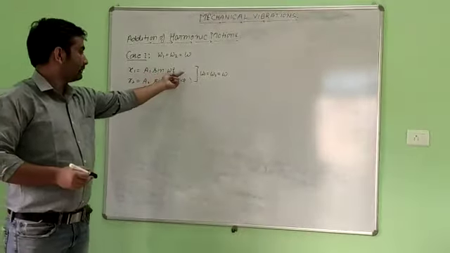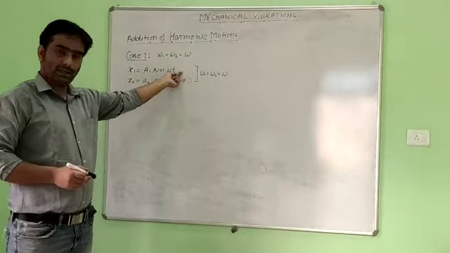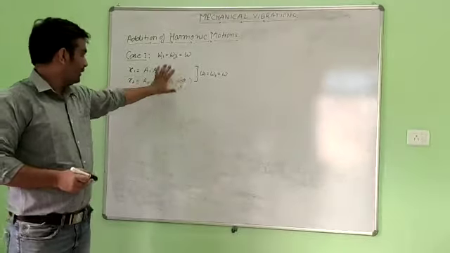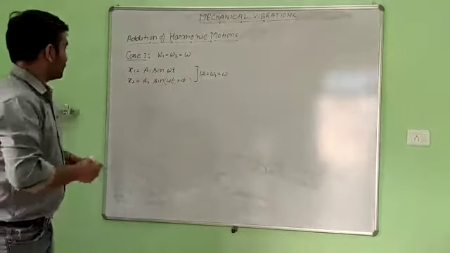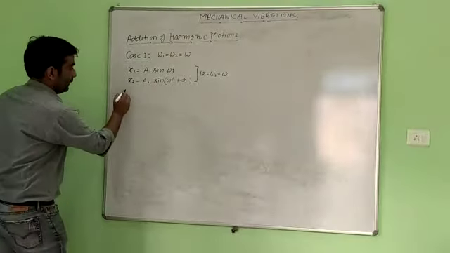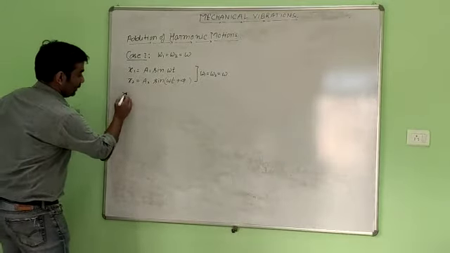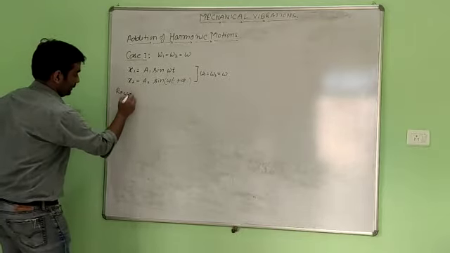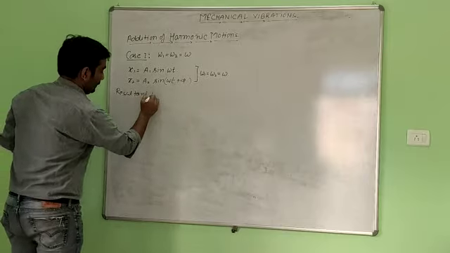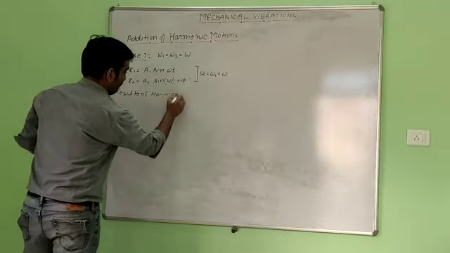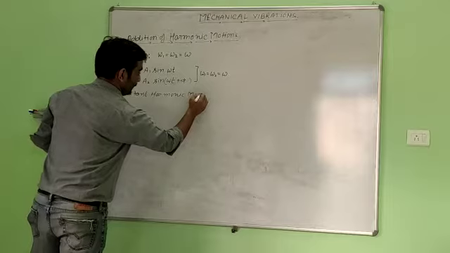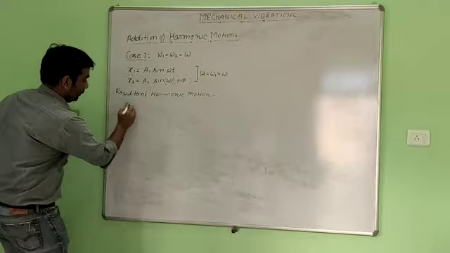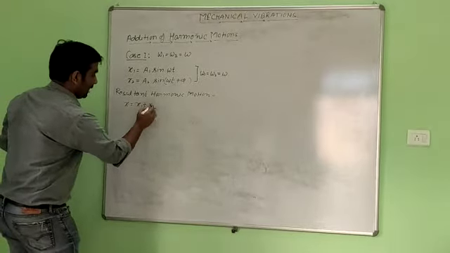We can take a phase angle here also, positive or negative. So we are taking a general case. The resultant, addition means the resultant. The resultant harmonic motion will be x is equal to x1 plus x2.